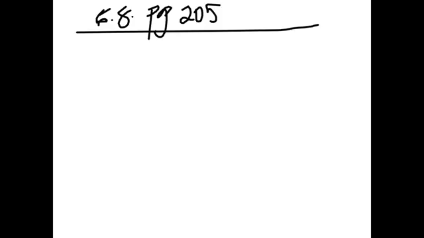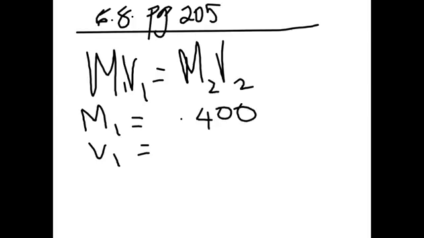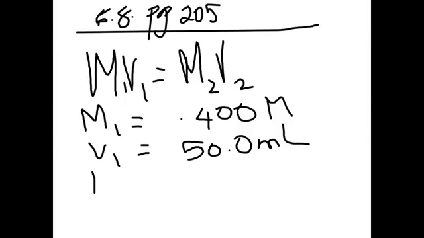It's the same thing, but with different quantities. M1 V1 equals M2 V2. So what is your M1? What are you trying to find? This is V2. So what's M1 then? 0.400. What's V1? 50 milliliters.